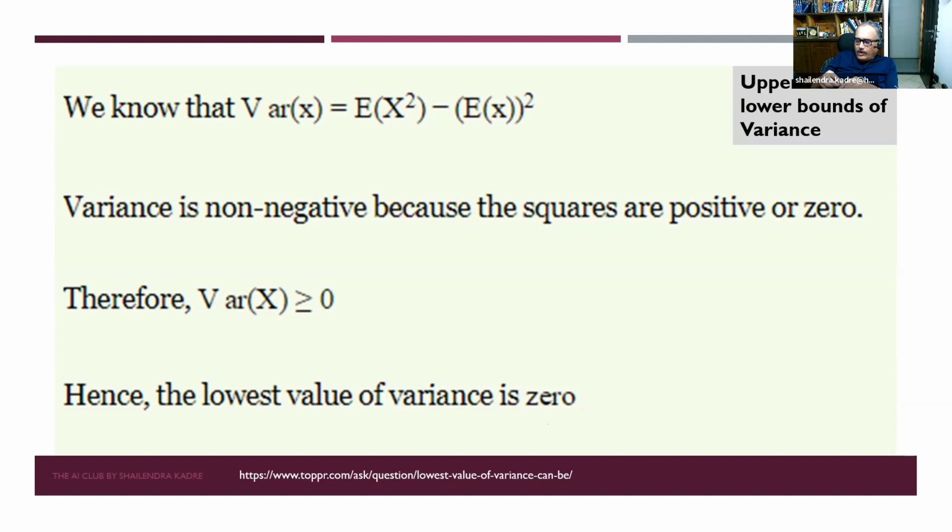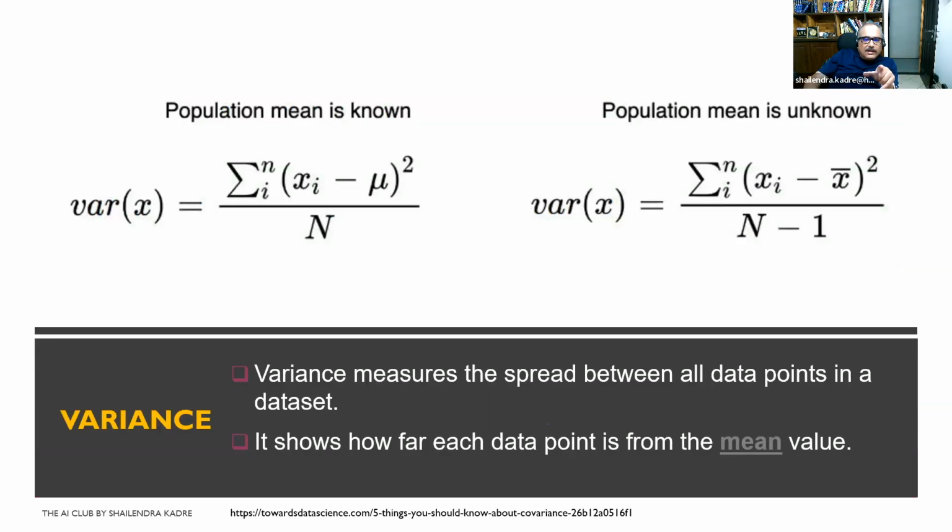If you see the formula properly, then you will see that there is always a square involved in the variance formula: xi minus mu, the mean, squared. A square can never be negative.